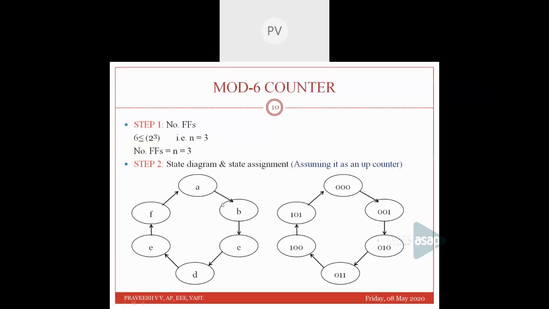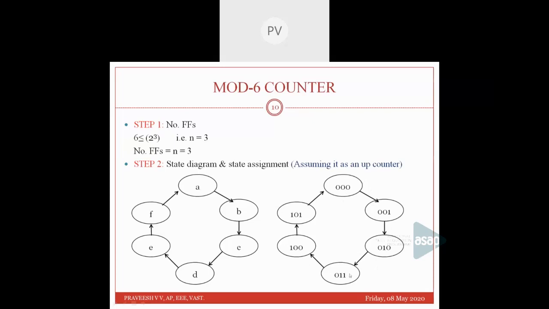You need not go for the state diagram. Directly you can use this one. Okay, so 0 to 1, 1 to 2, 2 to 3, 3 to 4, 4 to 5. Then it goes to the initial state, that is 0. Then that counting sequence continues because it is an up counter. In the case of a down counter, the counting sequence will be the direct reverse.